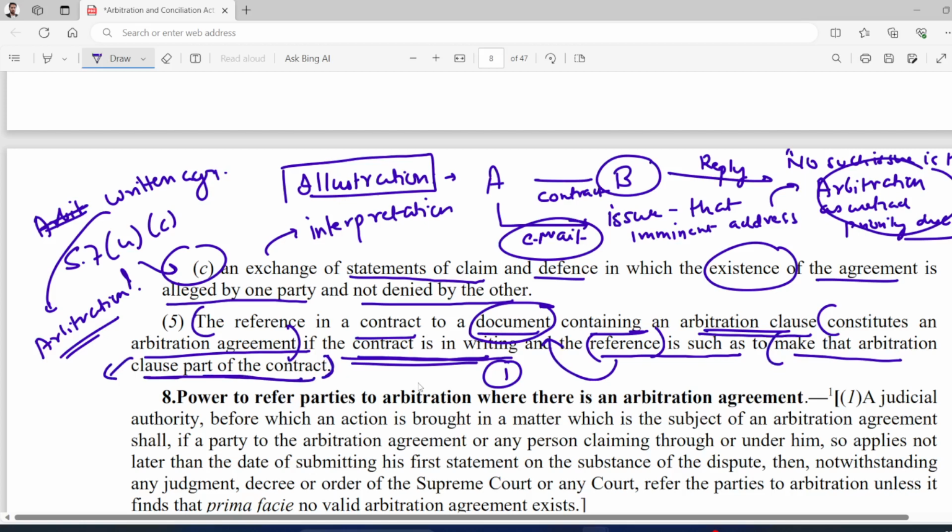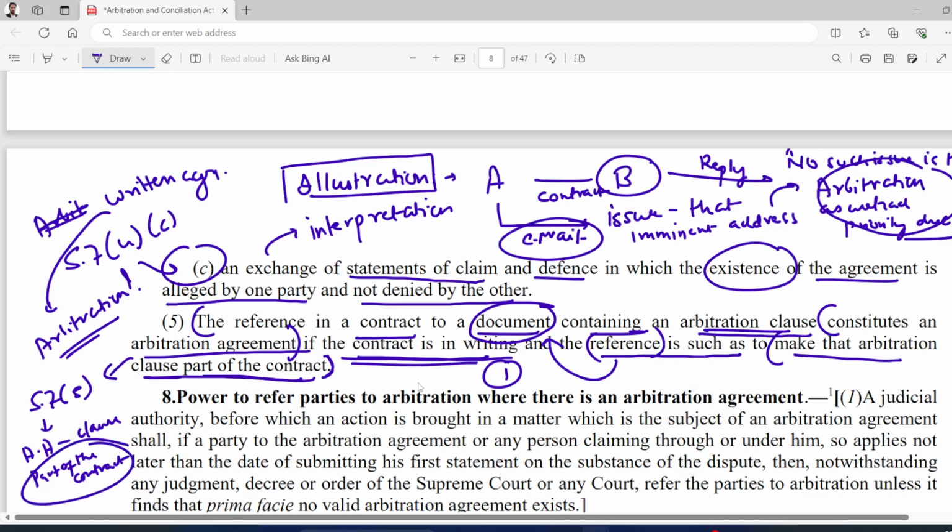This means Section 7 subsection 5 indicates that the arbitration clause will be part of the contract, and this is very important.